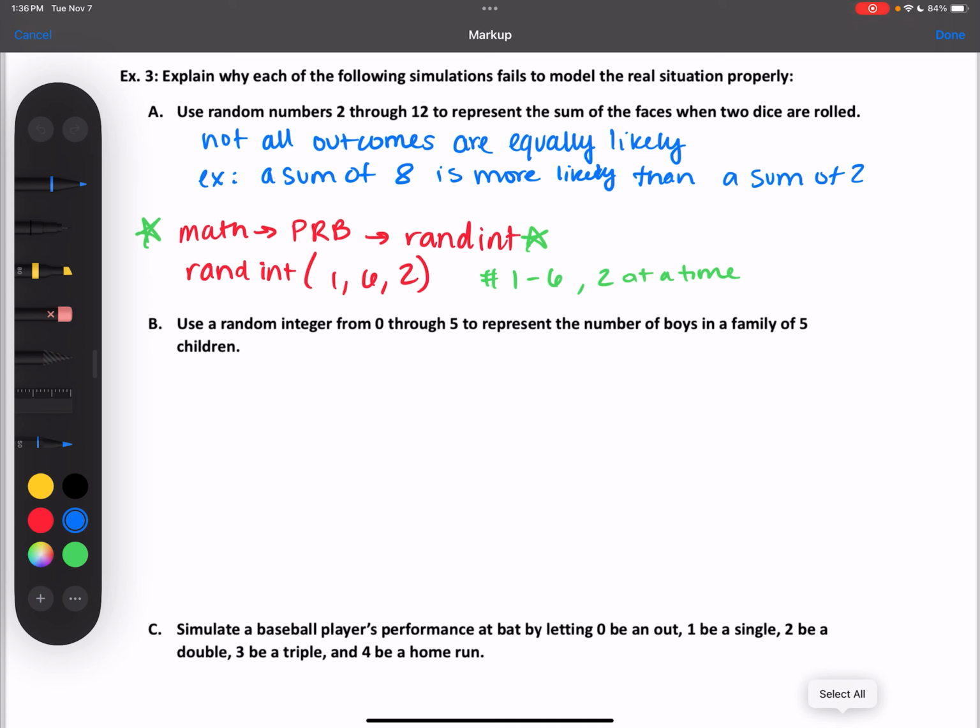So, the odds of you getting 5 boys or 5 girls is not the same as you getting 3 boys and 2 girls, or 1 girl and 4 boys, or something like that. Makes a lot of sense. So, not all outcomes are equally likely.